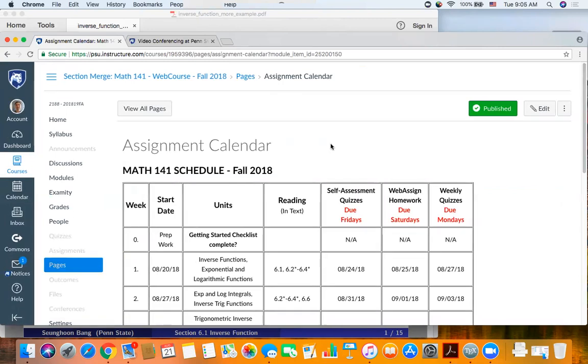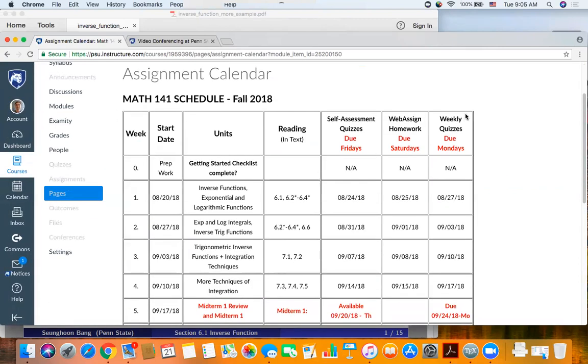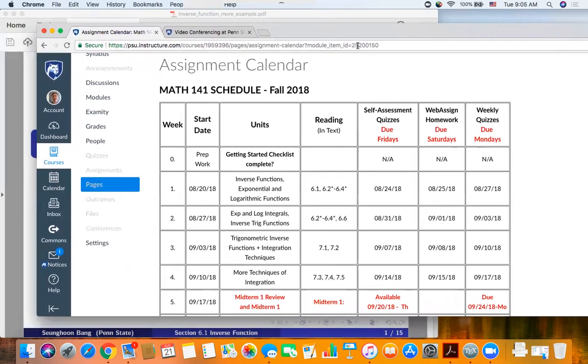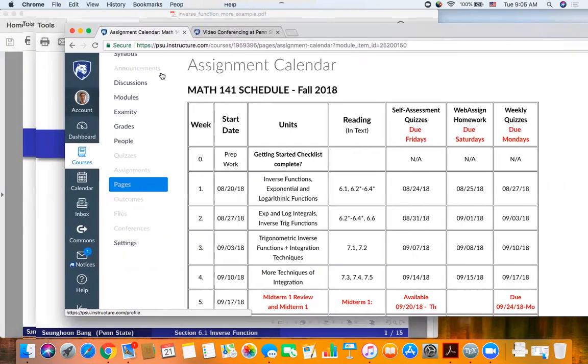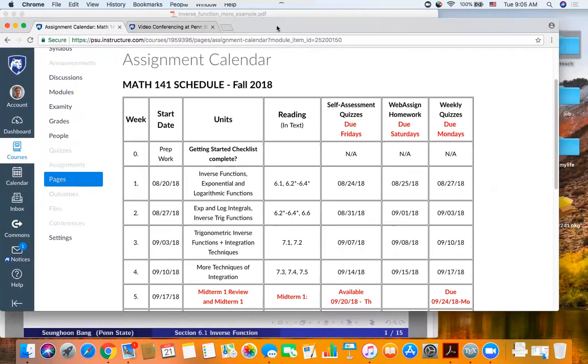So we have the schedule of the WebAssign here. I can show it to you.